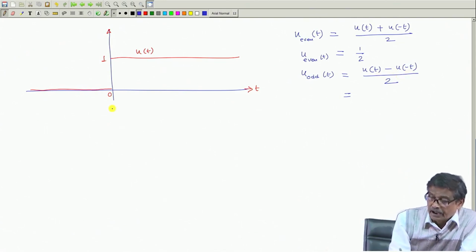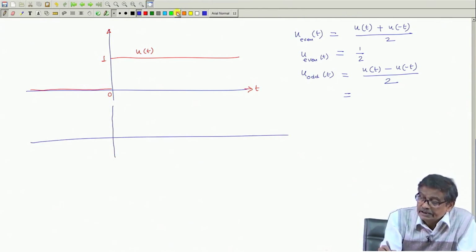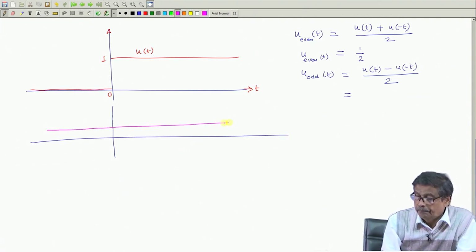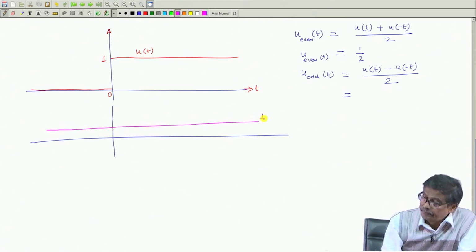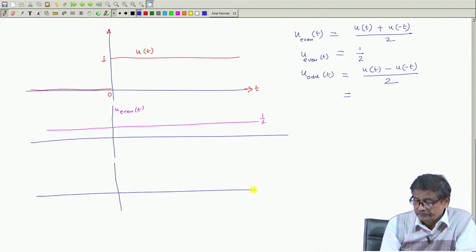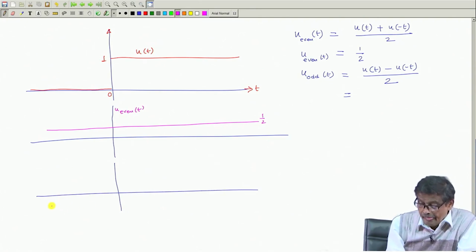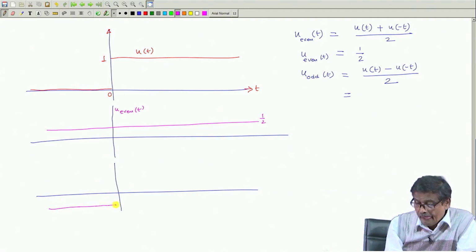Visually it is more attractive: the even portion is half for all time t, this is u even(t), and u odd(t) will be minus half here and plus half here.